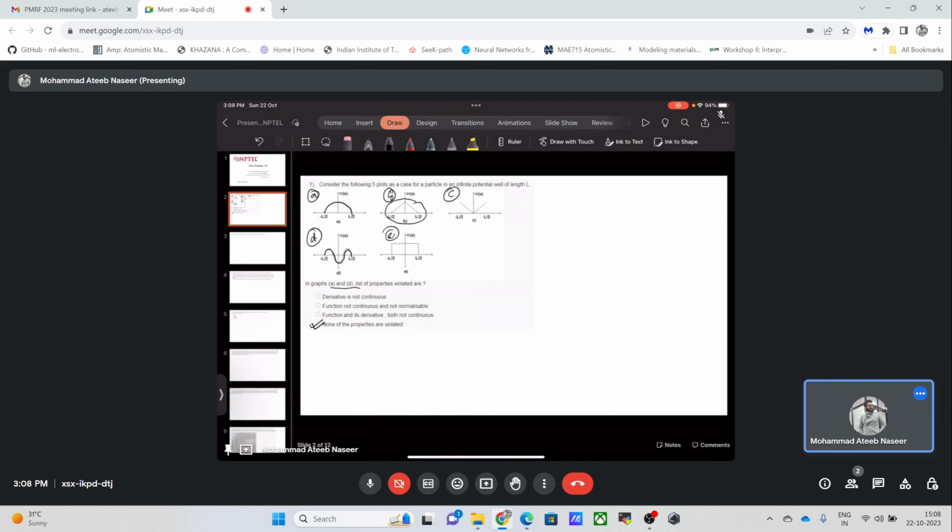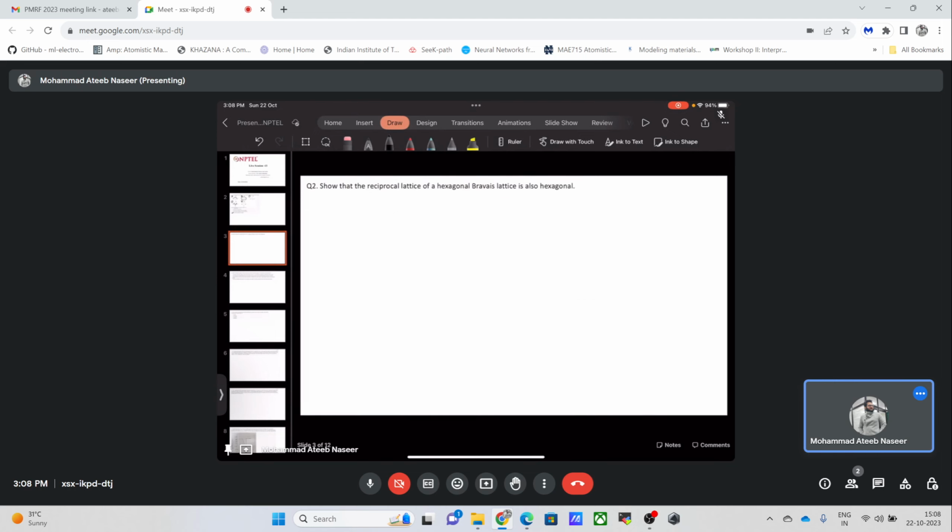So they violate the properties required for a wave function to be physically realizable. This is a basic brush up about the wave function: we need it to be continuous, its derivative to be continuous, and the wave function to be normalizable.